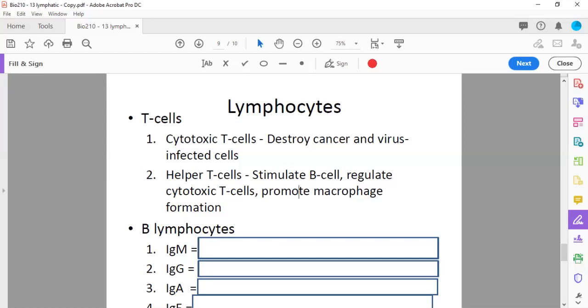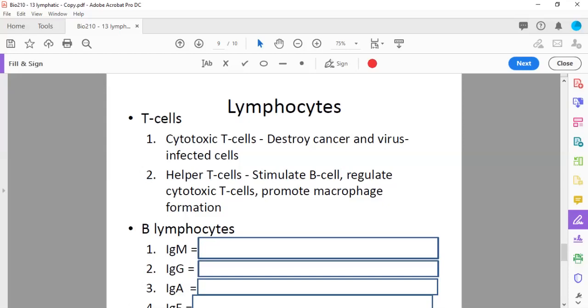So if you infect the helper T cells, you indirectly impair the B cells, you indirectly impair the macrophage formation, and you indirectly impair the amount or the functions of cytotoxic T cells. So the HIV virus is very, very, very scary because it weakens our immune system.